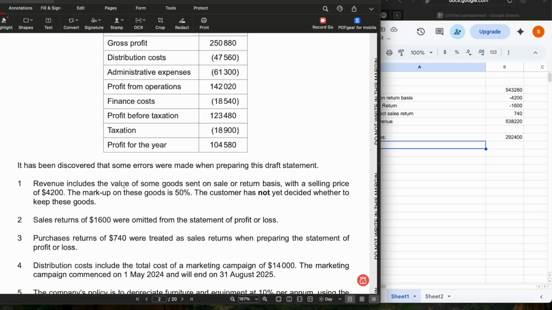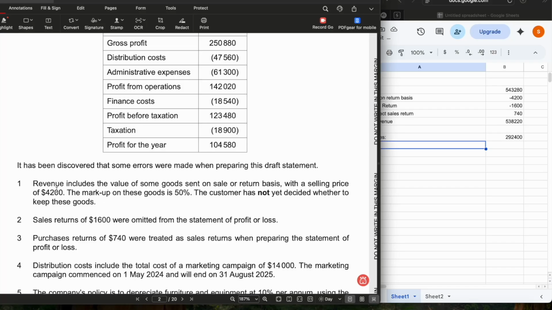When it is not a sale yet, we will include the cost of that inventory in our closing inventory, because the customer hasn't confirmed the sale, so the inventory is still mine. And when I sold this, we had a markup of 50%.